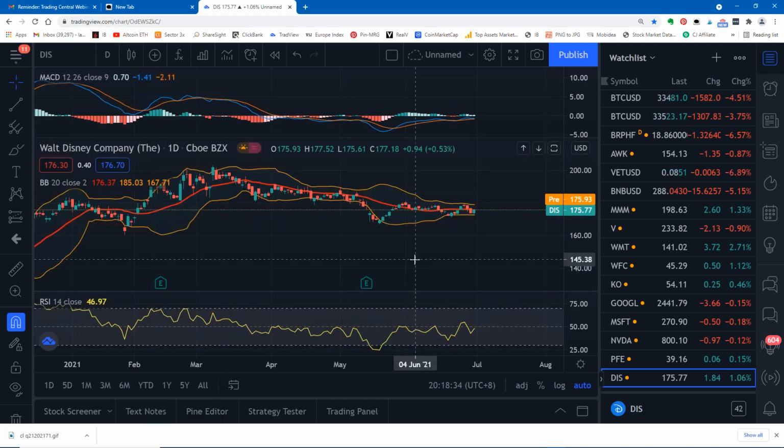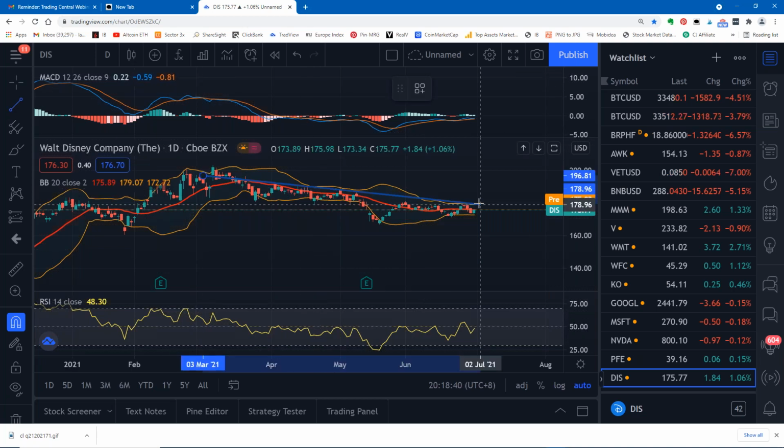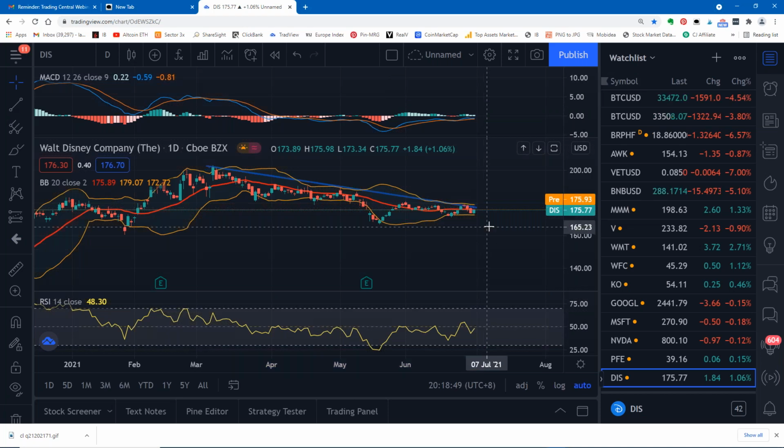There is a downtrend here also. If you are looking at the daily chart, mind this declining trend line. We have to see a break above this one to review the situation.